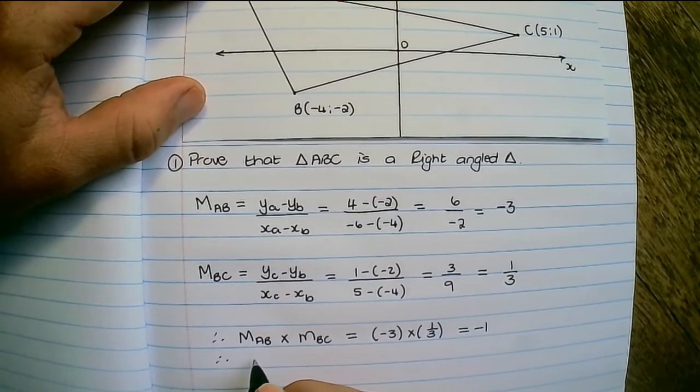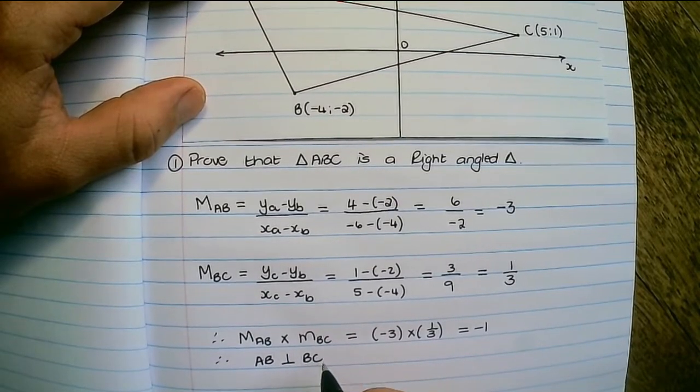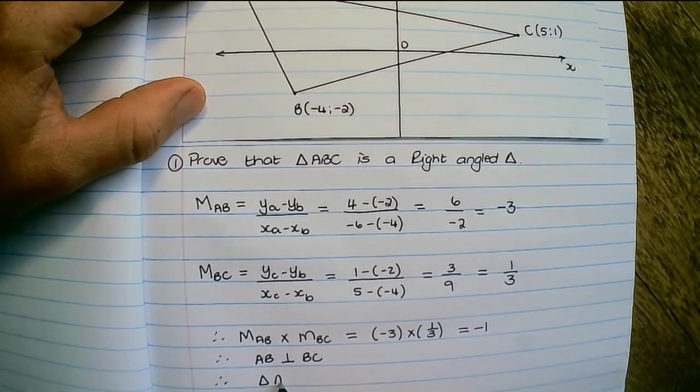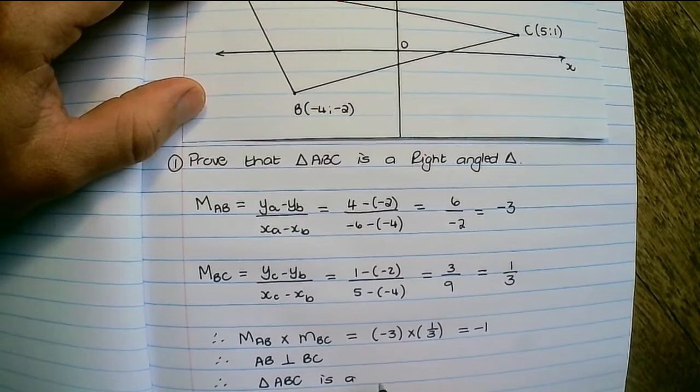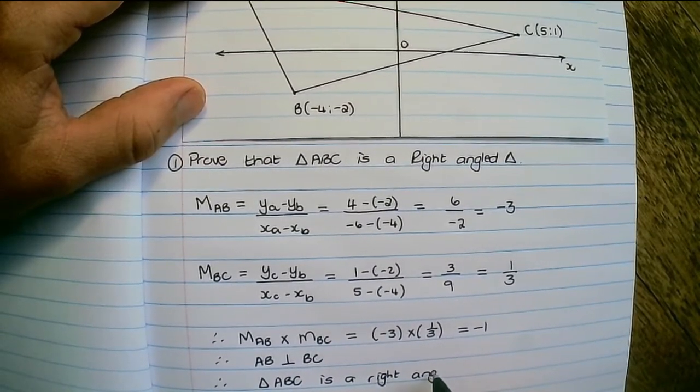Therefore, we can say that the line AB is perpendicular to the line BC. Therefore, triangle ABC is a right-angled triangle.